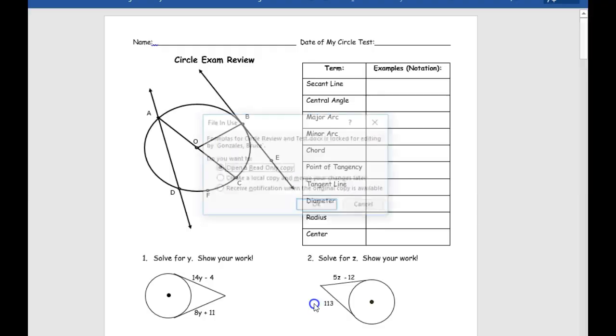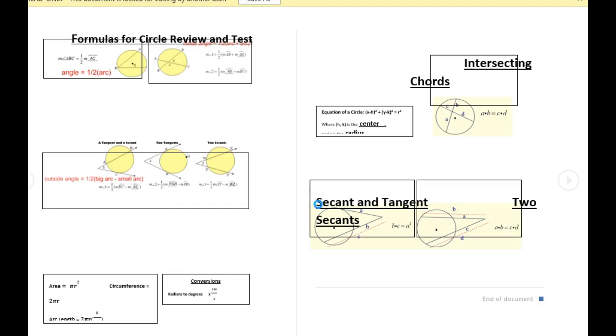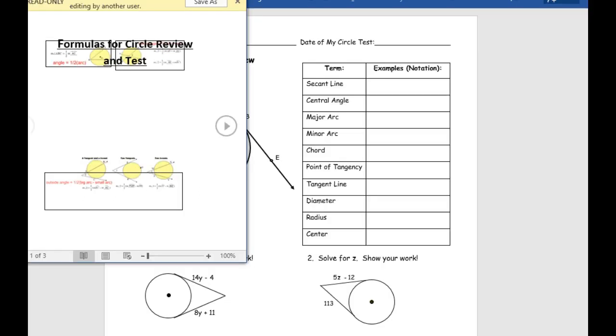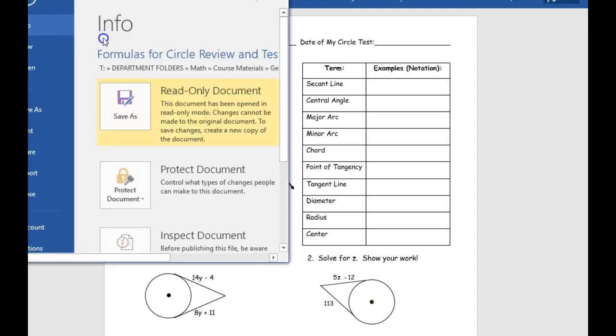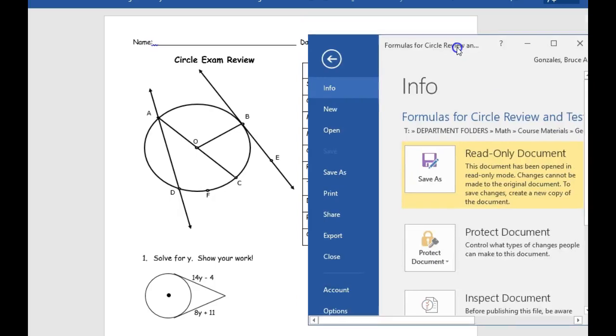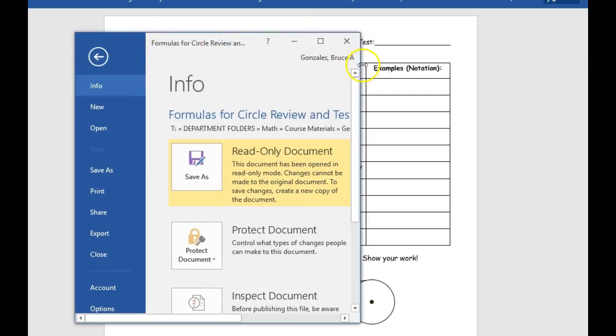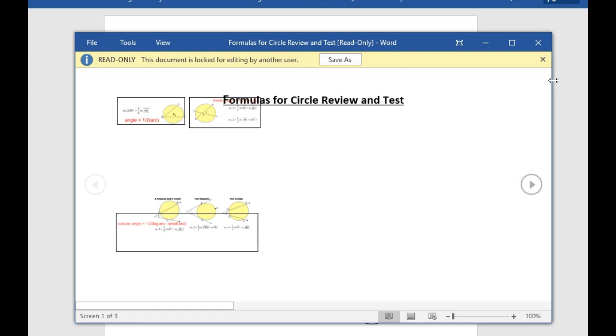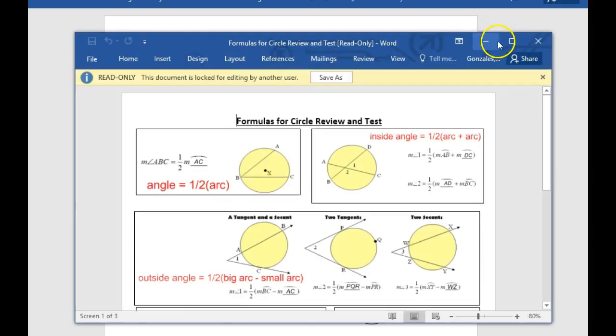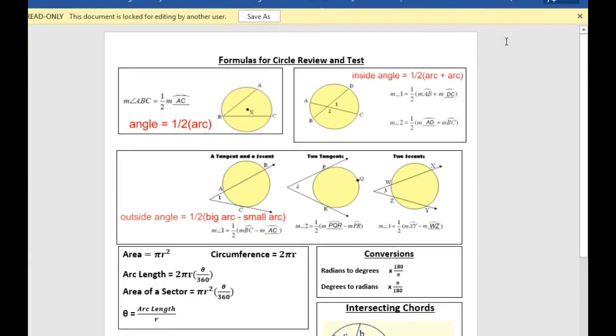So let's take a look. If I can get this to move, that'd be sweet. Okay, so here's our formula chart that we're going to be using.